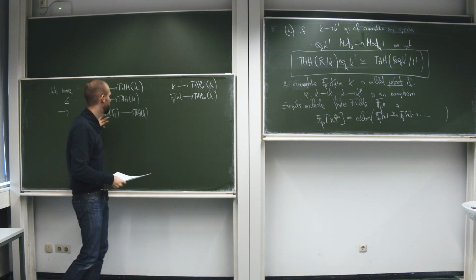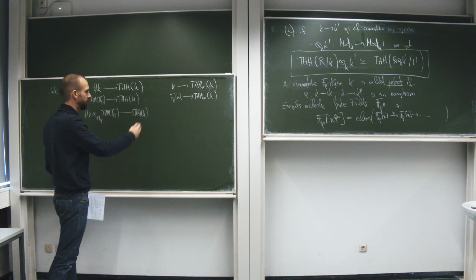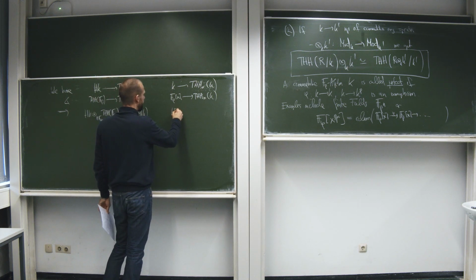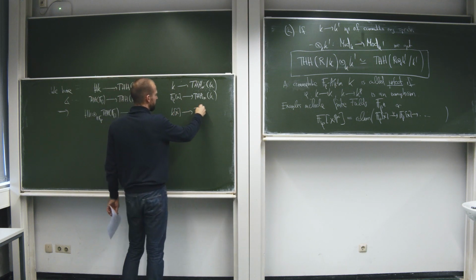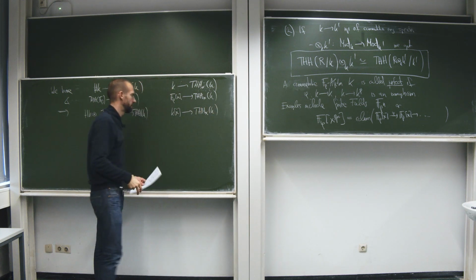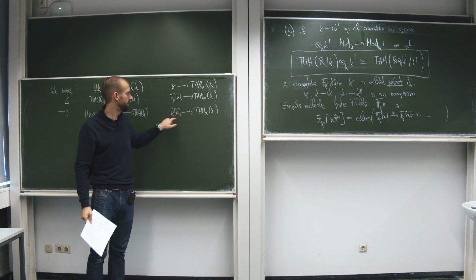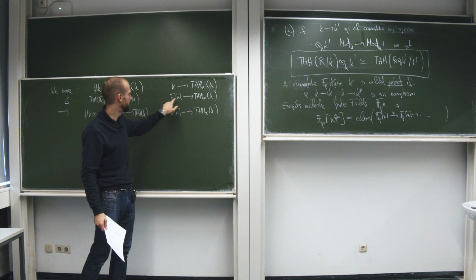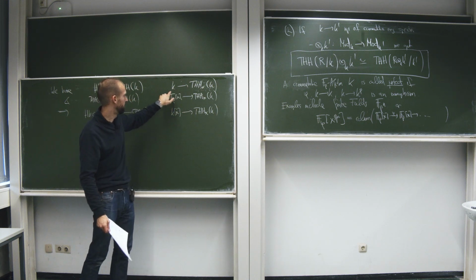This I want to leave as an exercise. The claim is that on homotopy groups, this gives me a map from K adjoin x into THH star K, which in degree 0 sends K to K by an isomorphism, and in degree 2 sends this x to the image of the Bökstedt element coming from THH Fp.